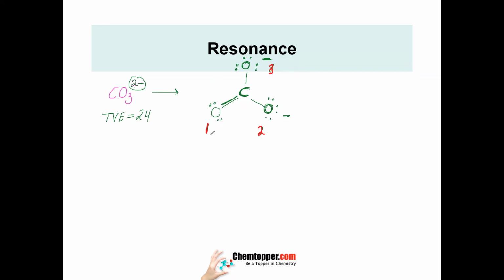No. This pi bond is moving. It's not fixed. Like in structure 1, it is on oxygen 1. I can make another structure where the pi bond is on oxygen 2 here.